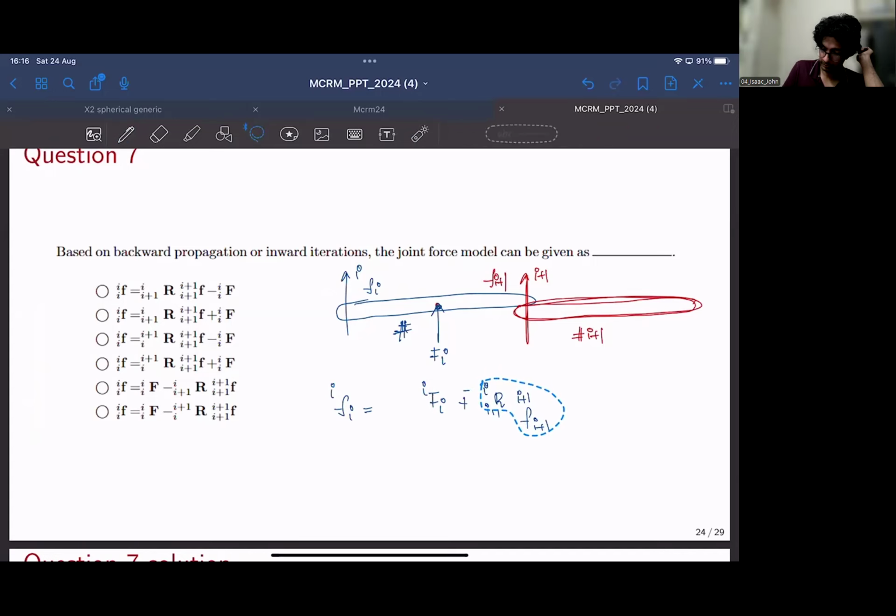Right? So your iFi would be nothing but the inertial forces iFi plus the rotation matrix I plus 1 multiplied by (i+1)F(i+1).